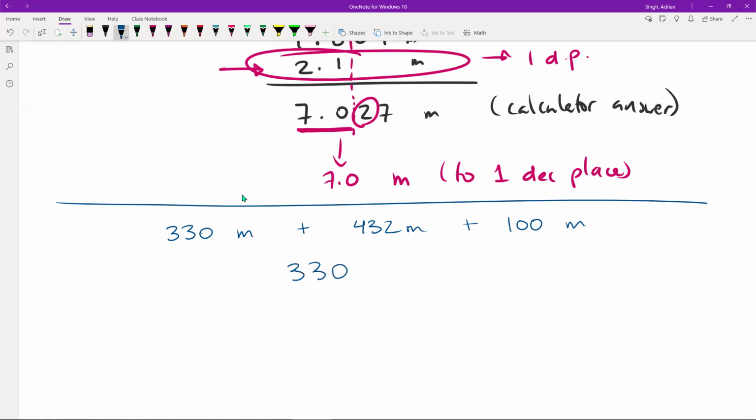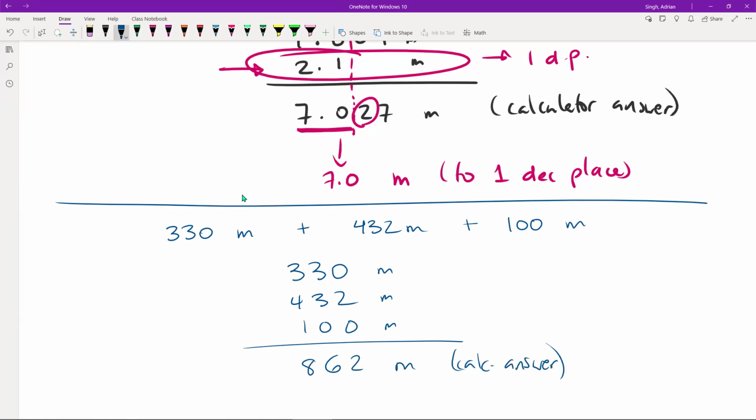So we have 330, we have 432, and then we have 100 meters. These are all measurements because we're measuring lengths in this case. The m here is an abbreviation for meters. So if you stick this in your calculator, what do we get? 862 meters. This is your calculator answer.